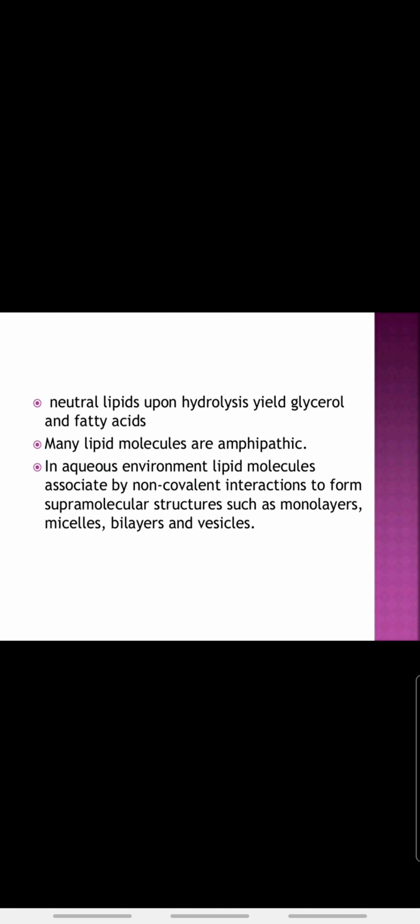So it is made of phospholipids, and through non-covalent interaction and supramolecular structure, it results in the production of micelles, bilayers, vesicles, and monolayers.